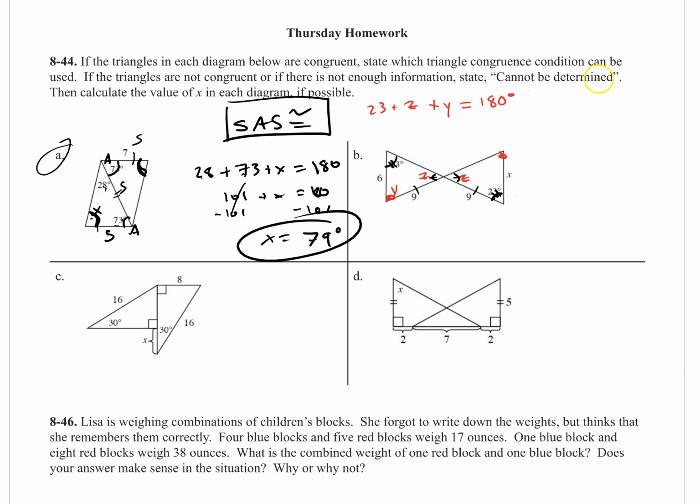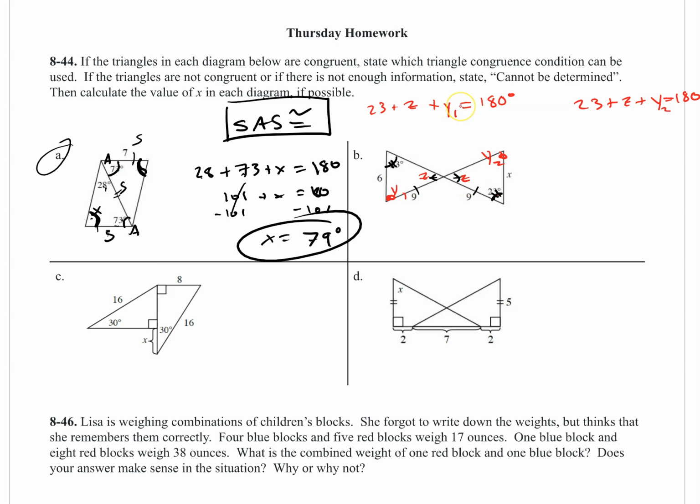And then in the other one we have 23 plus Z plus Y equals 180. So we don't know that these are the same, so we can call it Y1 and Y2. So in the left triangle it's 23 plus Z plus Y1 equals 180. And over here we have 23 plus Z plus Y2 equals 180.